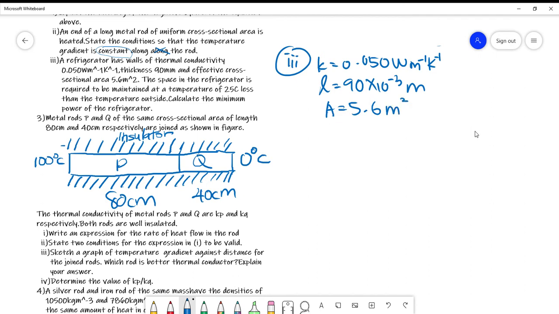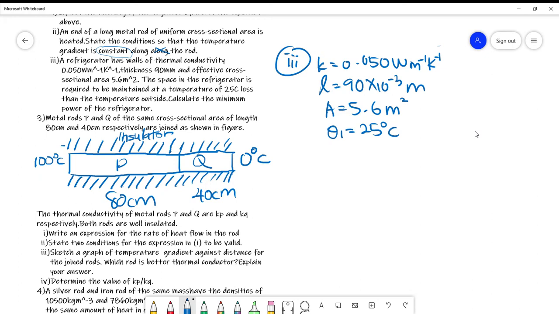The space in the refrigerator is required to be maintained at a temperature 25 degrees Celsius less than the temperature outside. So calculate the minimum power of the refrigerator.